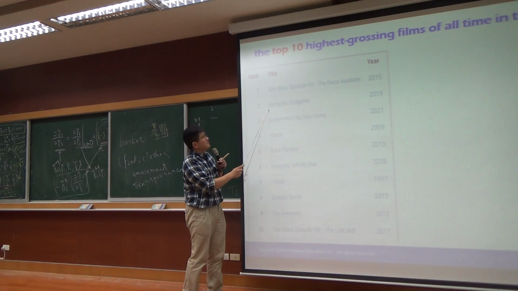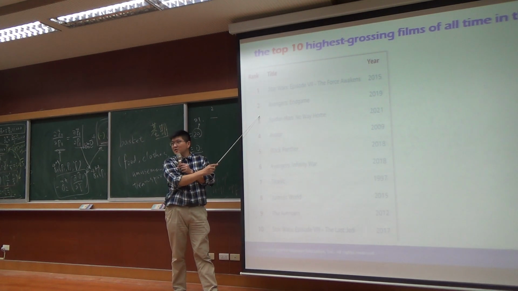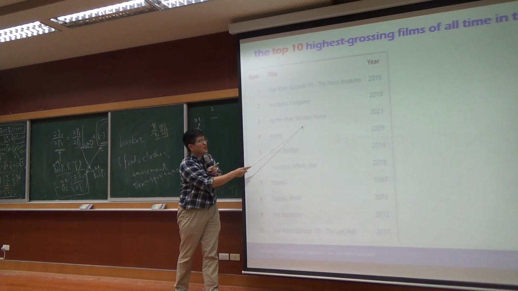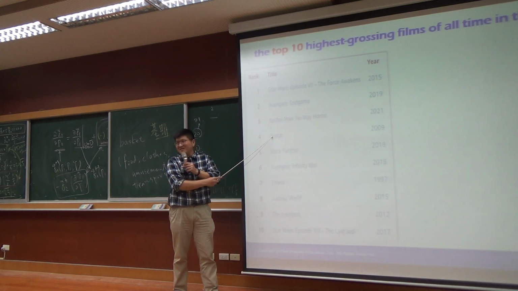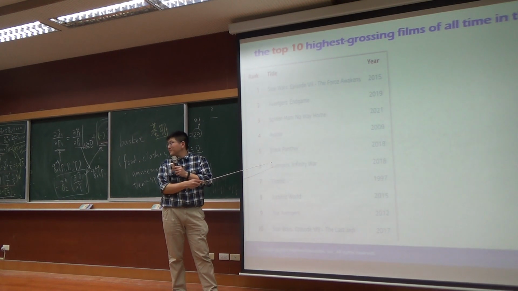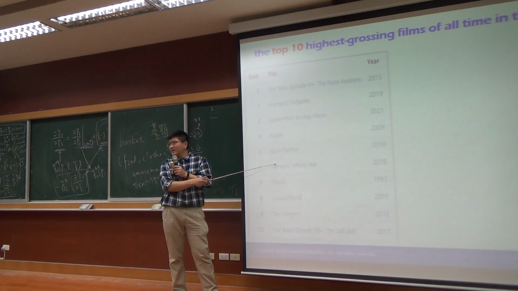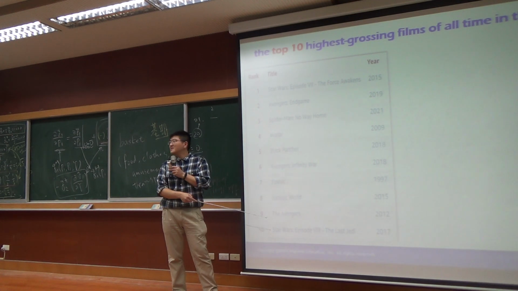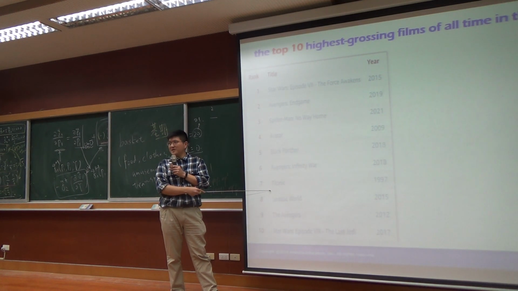And the second one, Avengers: Endgame, 复仇者. What's the Chinese name of the movie? Spider-Man: No Way Home. Avatar. Black Panther. Avengers: Infinity War, 无限之战.